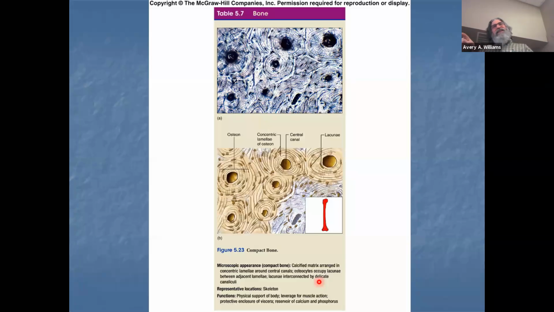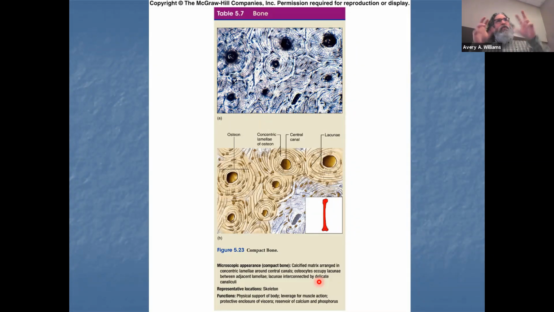So that's what makes your skeletal elements, the bones, the 206 organs. But again, there are certain bones, I guess you could say, or presence of this tissue, that's not a part of your skeleton. When we study the skeleton, we'll see that there are certain bones you don't include in the 206.